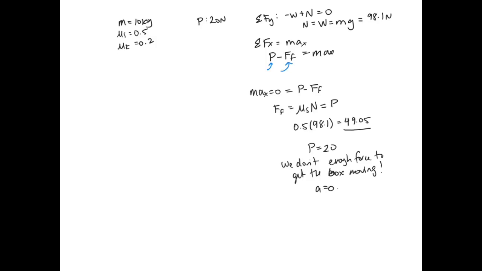But let's say, I'm going to move this up again, let's say we have P is equal to 100 newtons. And our equation was 0 is equal to P minus the force of friction. So that's equal to 100 minus the normal force times mu s. So it's 100 minus 98.1 times 0.5.